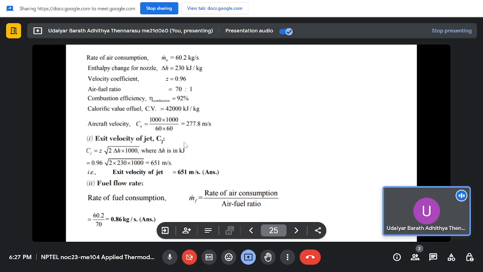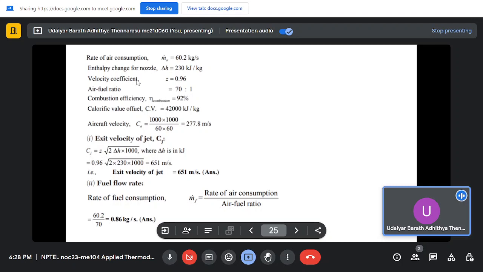We can assume that velocity at the inlet of the nozzle is negligible, and exit will be at a very high velocity. So the velocity square at state 2 will just be equal to the change in enthalpy. So you can reformulate it and you can get the velocity at the nozzle at state 2.